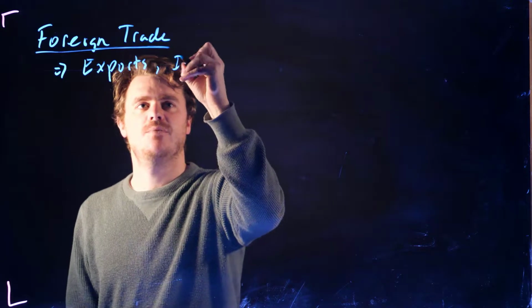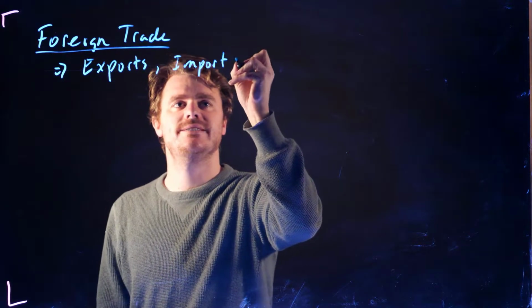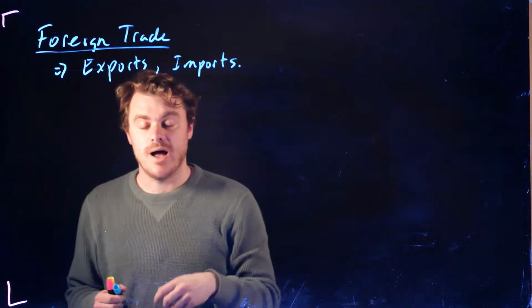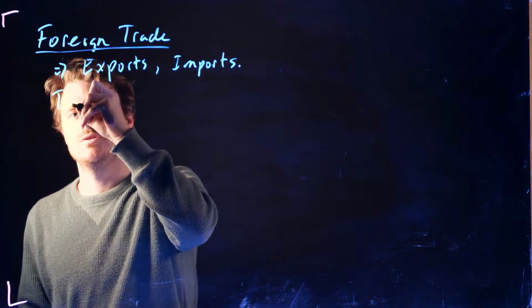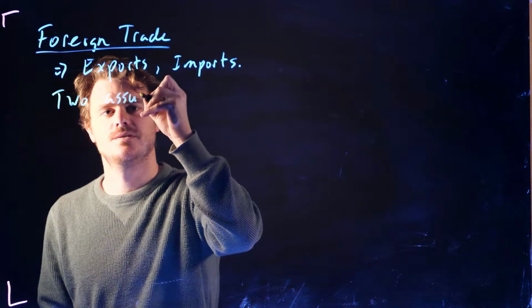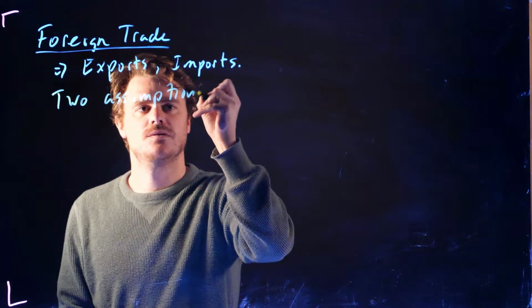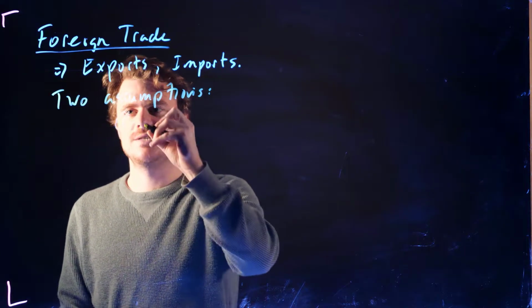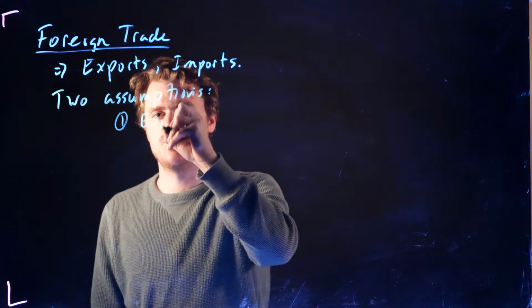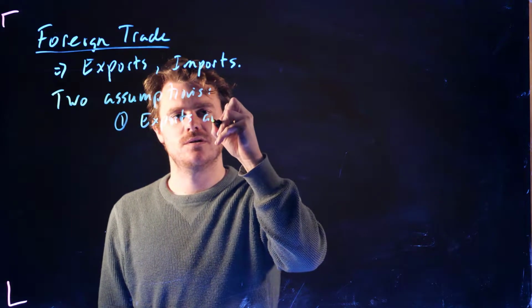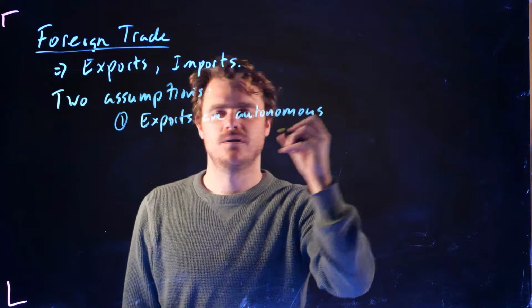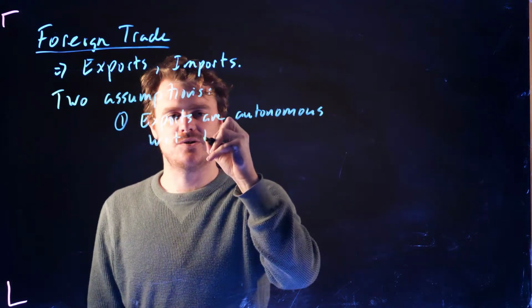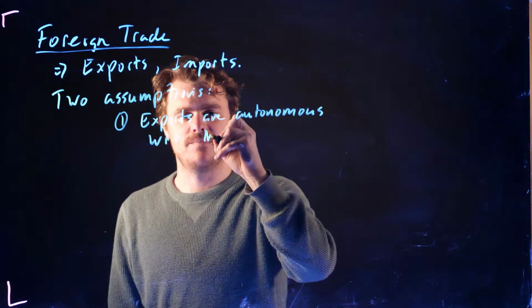So we have exports and imports. And we're going to make two assumptions about exports and imports. We're going to assume that exports are autonomous with respect to national income.